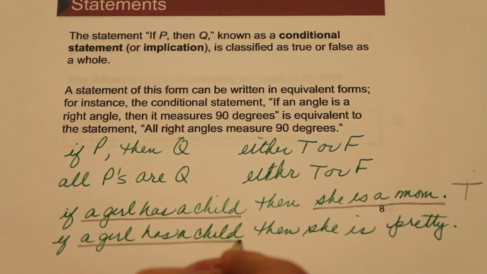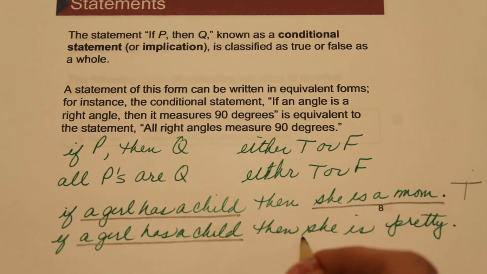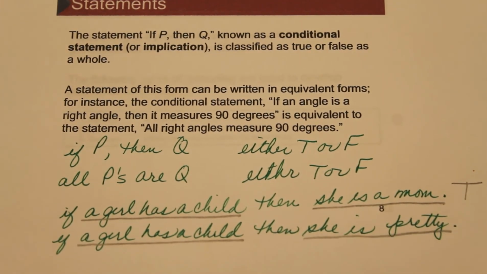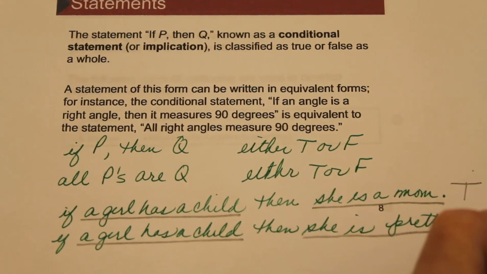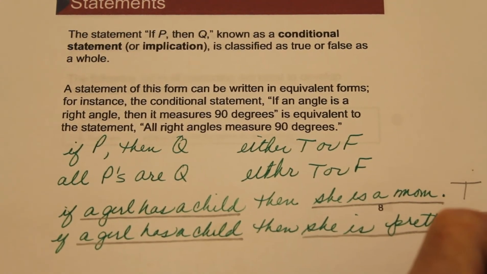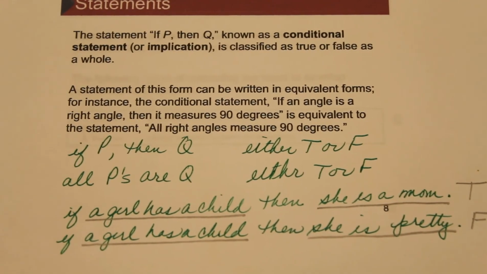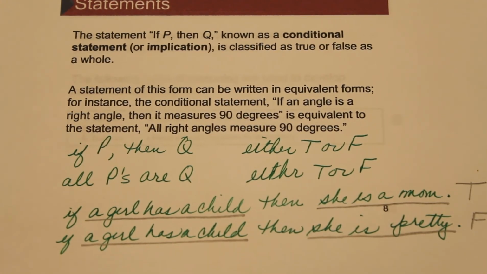A girl has a child would be P. She is pretty would be Q. And is it true that if a girl has a child, then she's pretty? No, the condition for being pretty is not having a child. So that whole statement would be considered false.